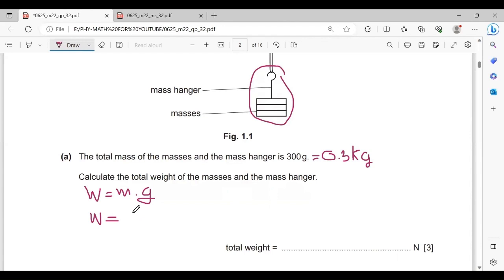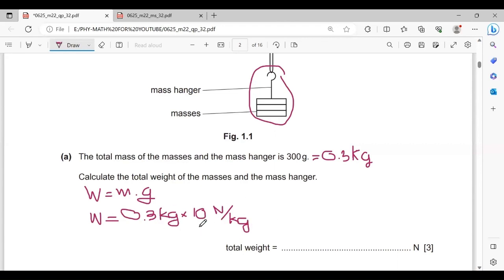So here 0.3 kilograms times 10 newtons per kilogram. Why 10 newtons?